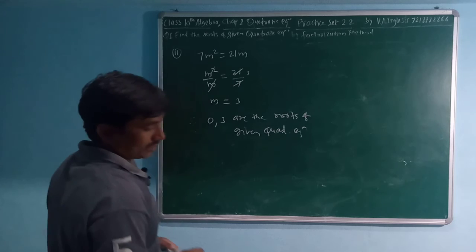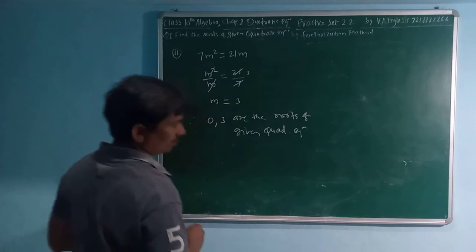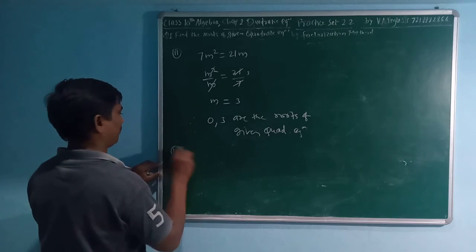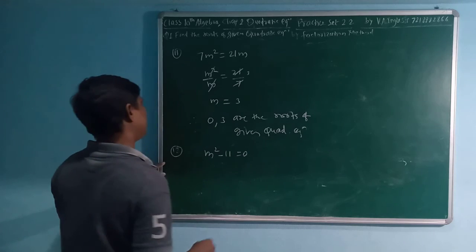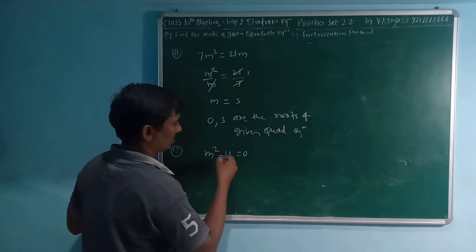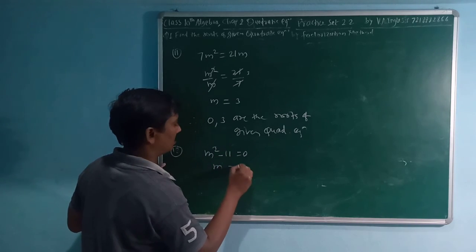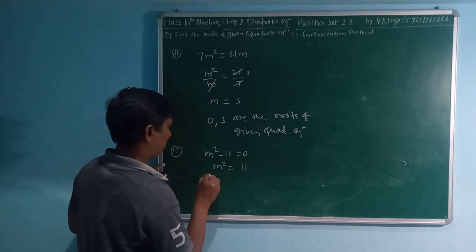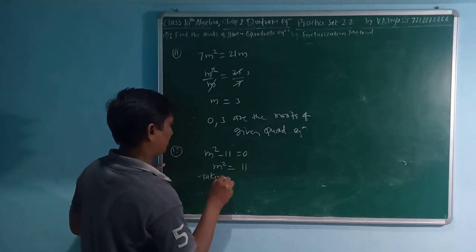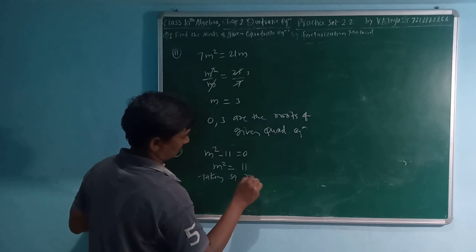Now the last question is m square minus 11 equals to 0. Just take minus 11 to the right hand side, so that it will become plus 11. Okay, and take square root on both sides.